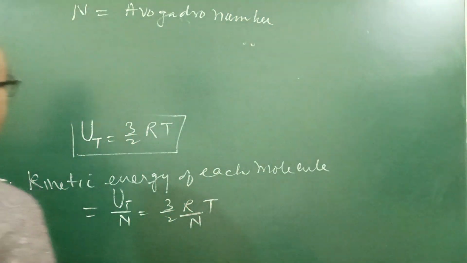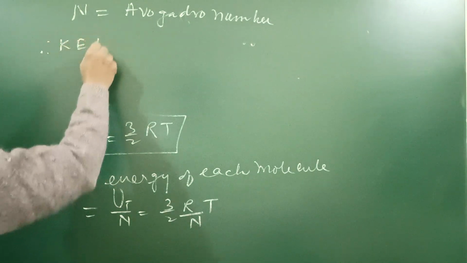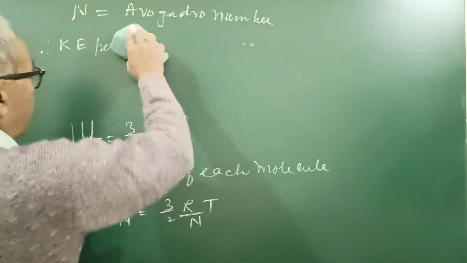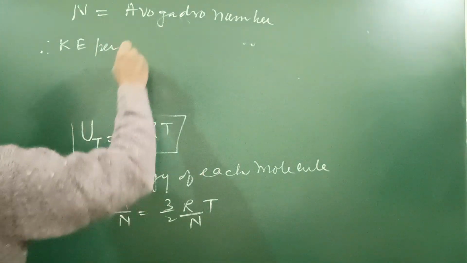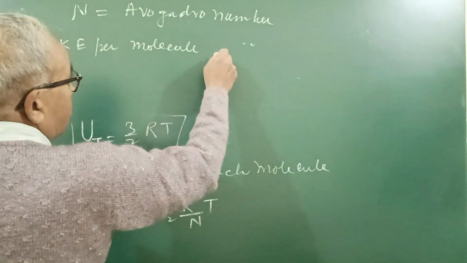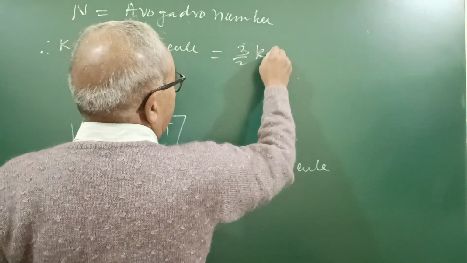But R by N is k_B, and hence the kinetic energy per particle, per molecule, is equal to 3 by 2 k_B T.